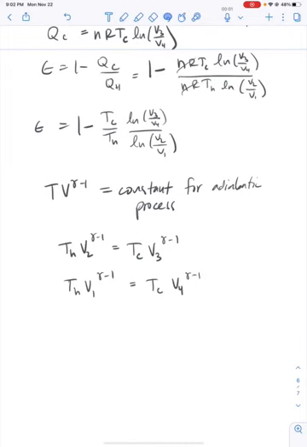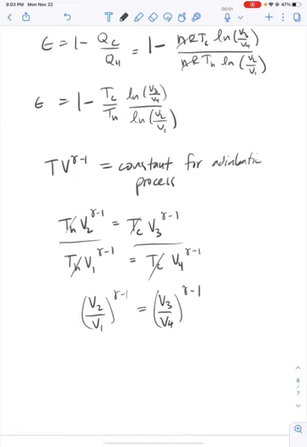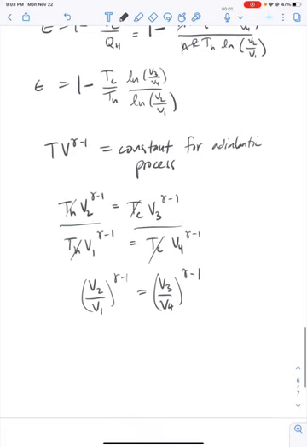All right, and then I'm going to divide the top equation by the bottom equation, which means my THs are going to cancel and my TCs are going to cancel, and I've got V2 over V1 to the gamma minus 1 equals V3 over V4 to the gamma minus 1, okay? And that, of course, means that it's also true that V2 over V1 is V3 over V4, okay?